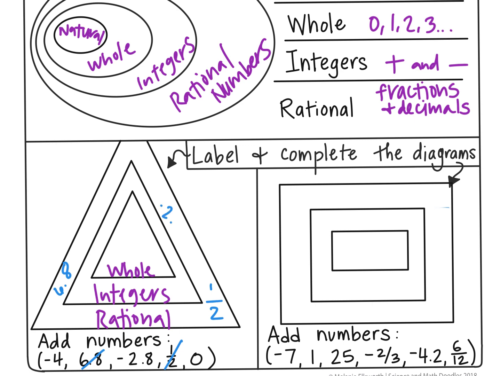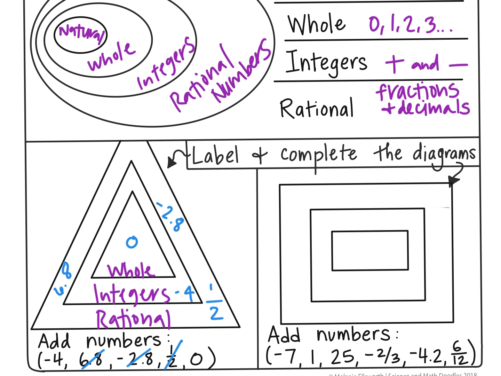Yep, -2.8. Okay, those are all my rational numbers because they are either fractions or decimals. Now, if I were to just write integers, what would go in the integers triangle? Connor. -4. Yep, -4. And then Hunter, what does that leave us in the whole number section? 0.